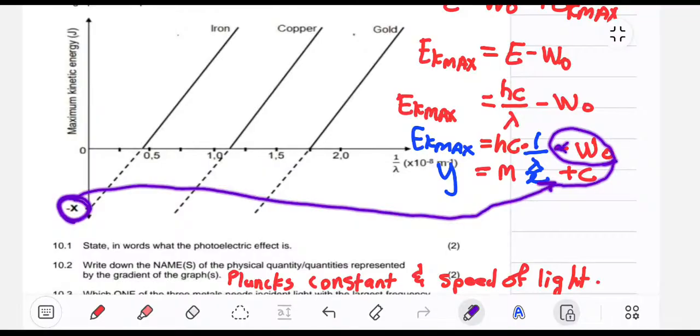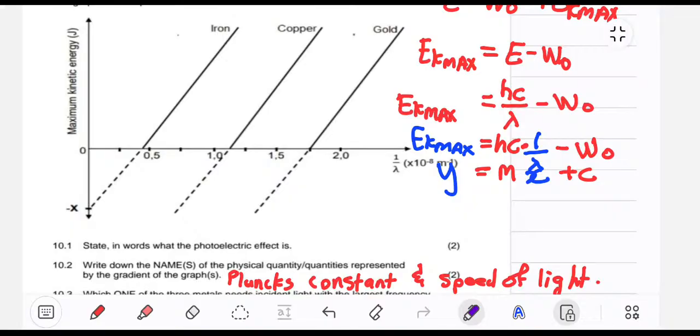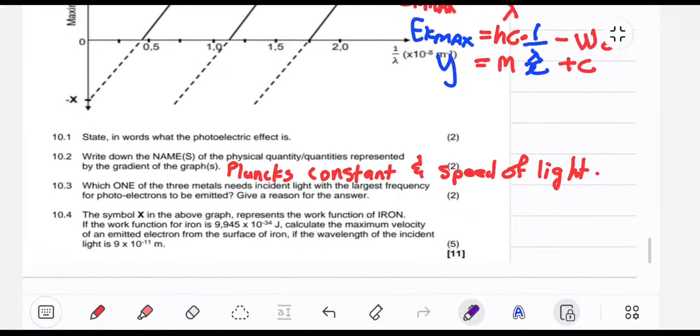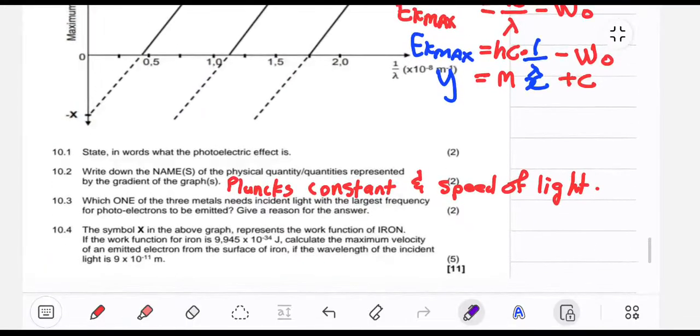So let's extrapolate this graph. I'll draw a line of y here. Now I want to cut the graph for this one, and for this one as well. Let's say this is negative 10, this is negative 20, and this is negative 30.